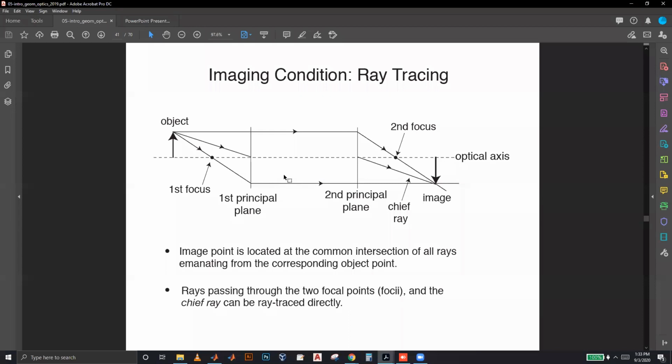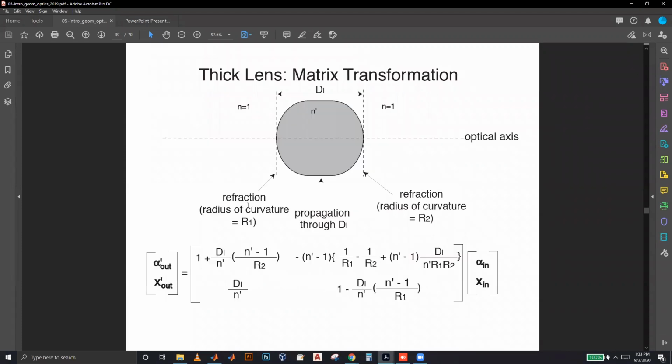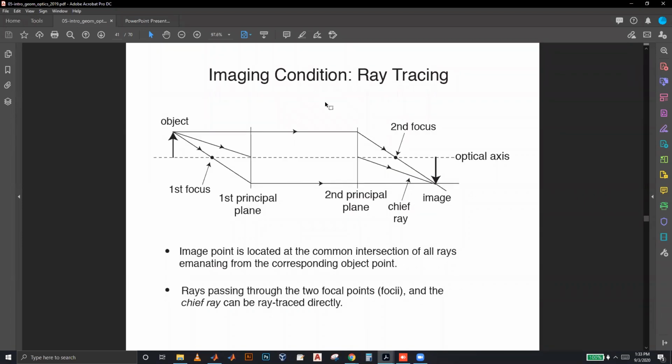So finally, we come to something important called the imaging condition. This is ray tracing from an object and how the image of the object is formed by this complicated optical system. Since we have defined all the principal planes, we don't even need to draw the optical system. It can be one thick lens, a thin lens, a collection of thin lenses, a collection of thick lenses, whatever.